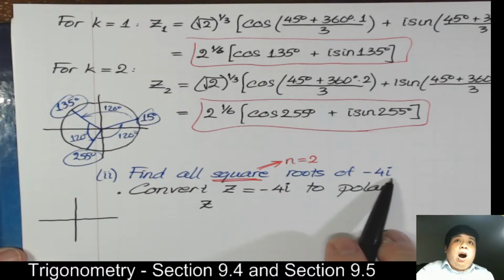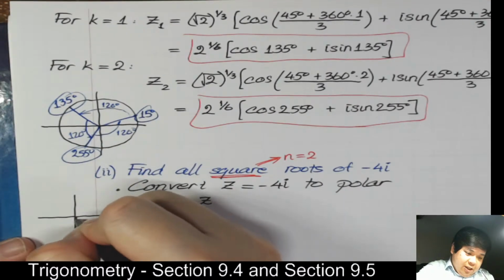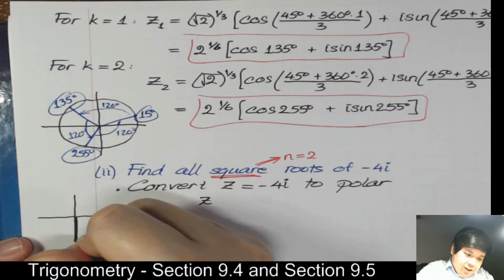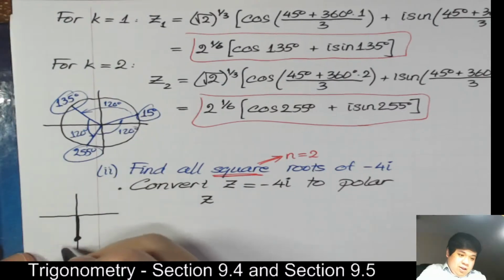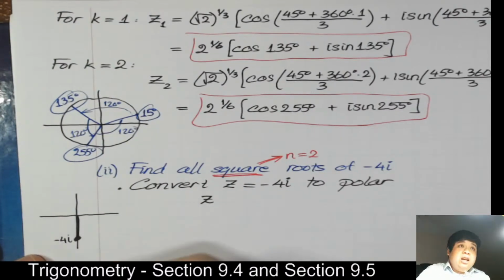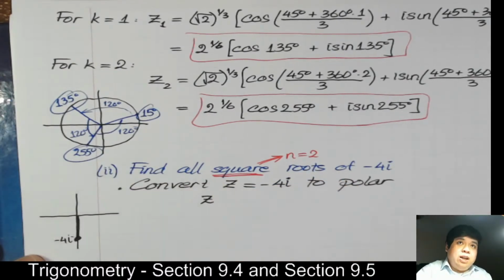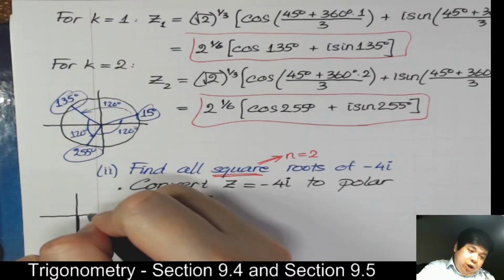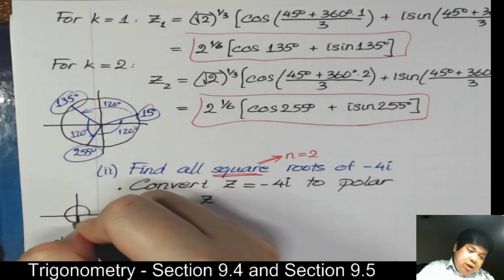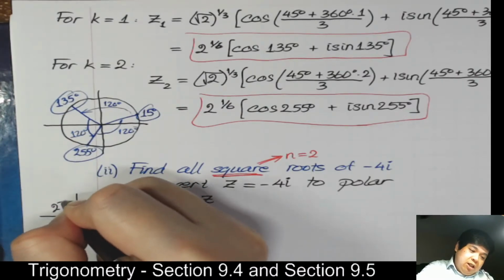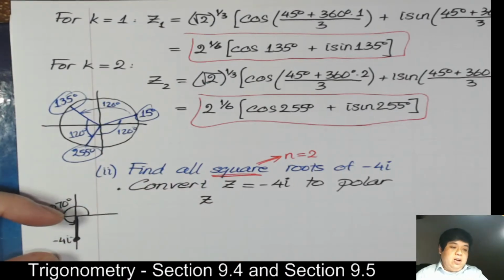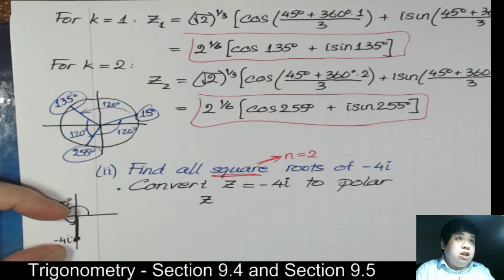Negative 4i is here, because i imaginary is on the y-axis and negative, so it is over here. The angle would be 270 degrees, and the modulus, the absolute value, is 4.